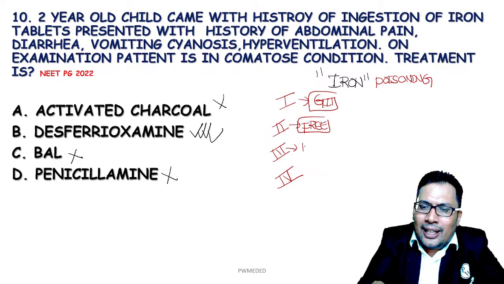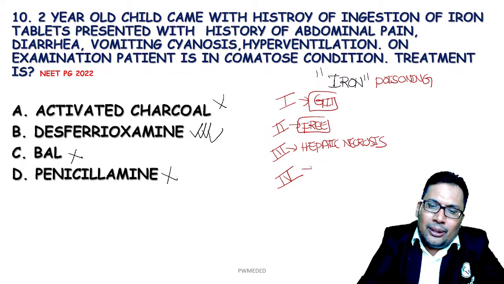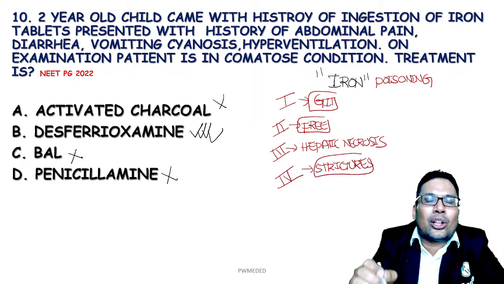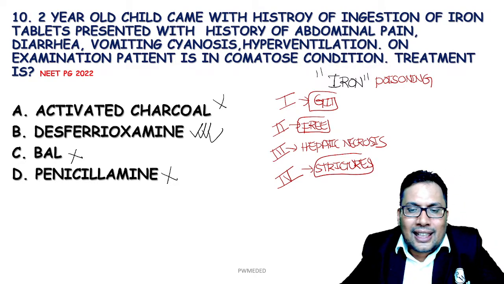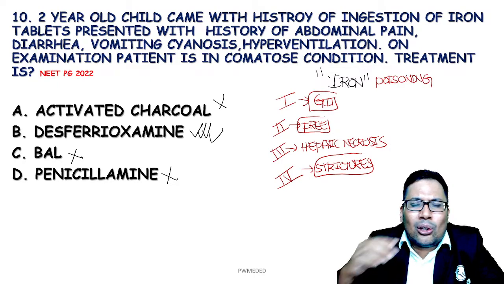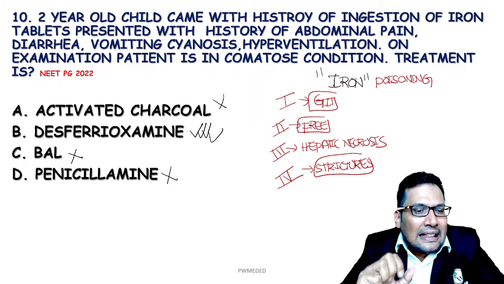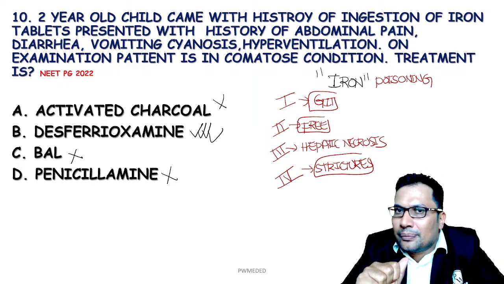Stage 3, there will be hepatic necrosis. And stage 4, there will be stricture formation, so there can be pyloric stenosis. All this can be seen in stage 4. It's all given in Reddy. There are 4 stages we discussed, and the treatment is desferoxamine, the correct answer.